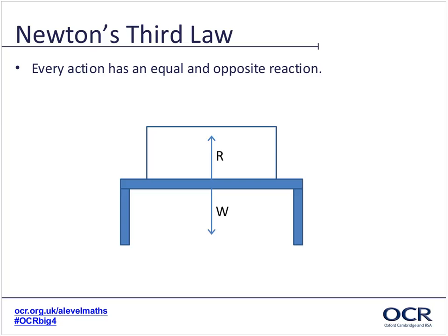But in order for the box not to disappear through the table, start accelerating towards the floor, the reaction force, that contact force between the box and the table, or the force, to say it better, on the box from the table, will have to increase so as to balance it out. So as soon as we start pushing down on the top, R is going to increase, but W will stay the same. So suddenly they're not equal and opposite. So there must be something else going on.